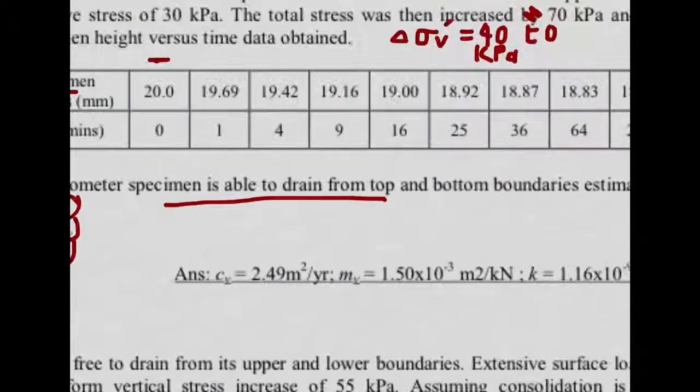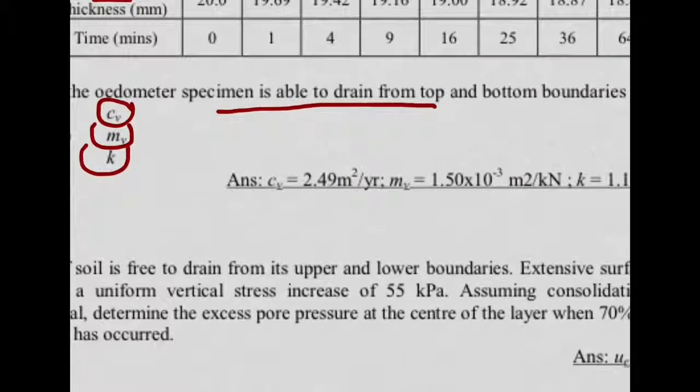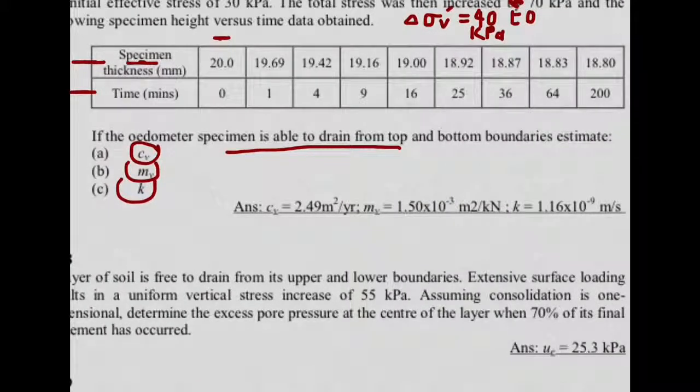The second requirement is MV. The equation for MV is delta H divided by H naught, times the change in the effective stress.